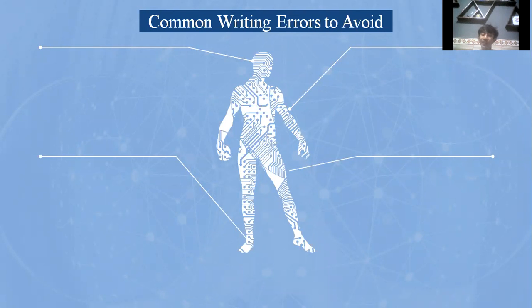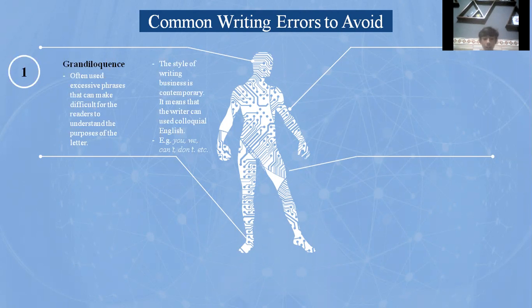Okay, next we jump to the second part, common writing errors to avoid. In common writing errors to avoid, there are eight parts. The first is grandiloquence. Grandiloquence is writing that is highly embellished, often using overblown and unusual words.